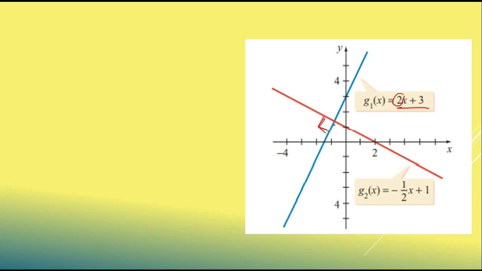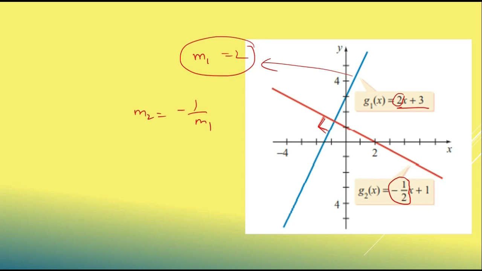When the two lines are perpendicular, the slope of line 1 is 2, and the slope of the second line will be minus 1 over m1. Just invert the slope with an opposite sign. If we can do this, then the two lines are perpendicular, otherwise not.